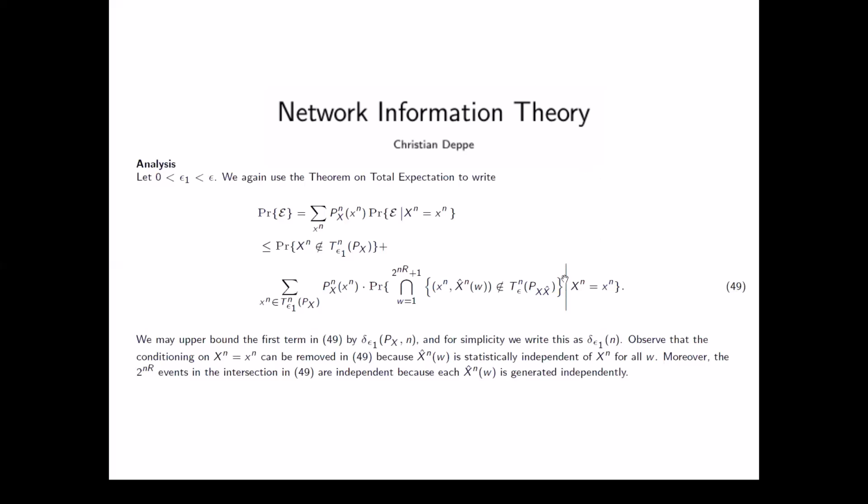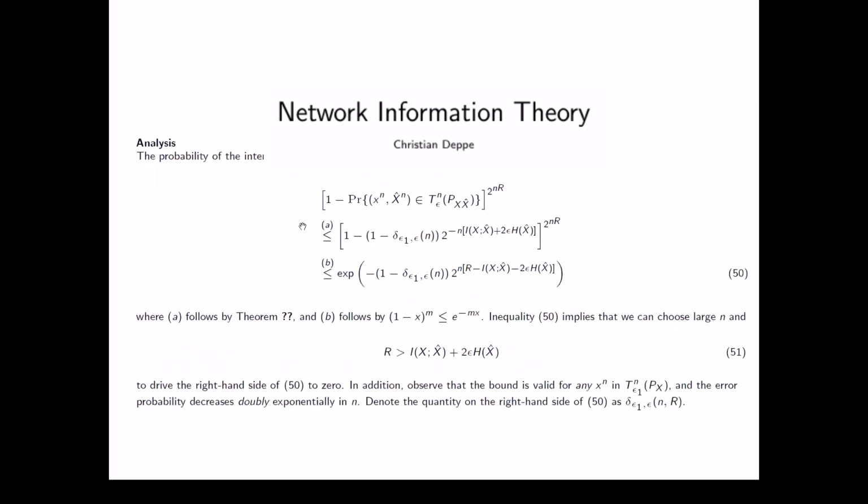For this reason, we can remove this, and every event here is independent. That means we can write this. Now we write this as a contrary event: 1 minus the probability that x n and x hat n are in the set of typical sets, to the power 2 to the n r.